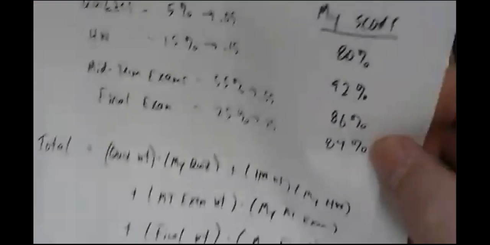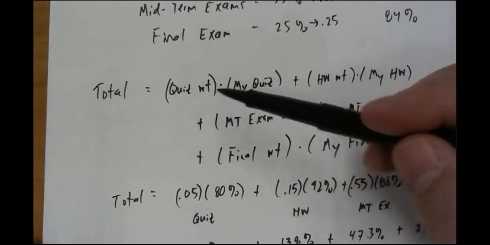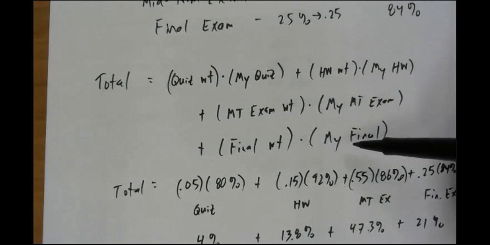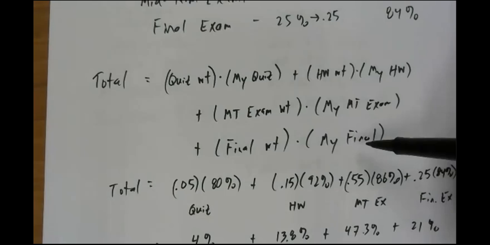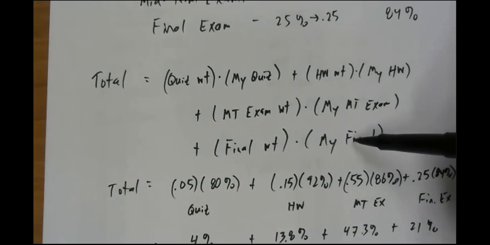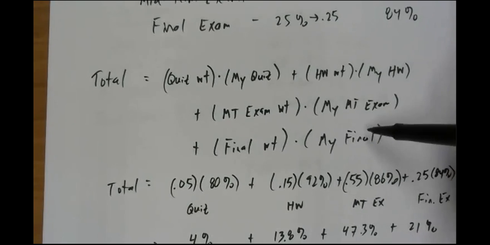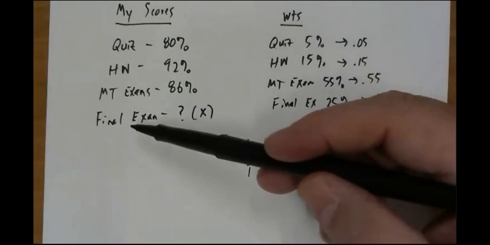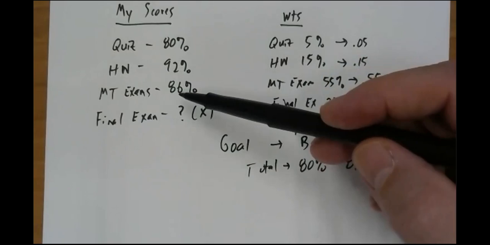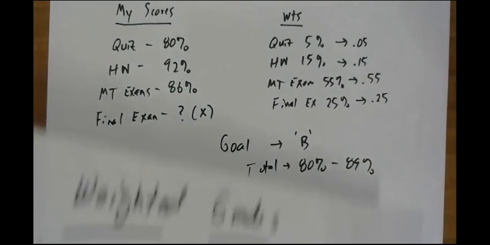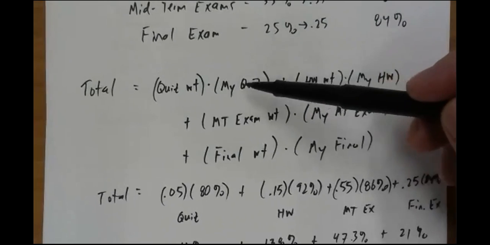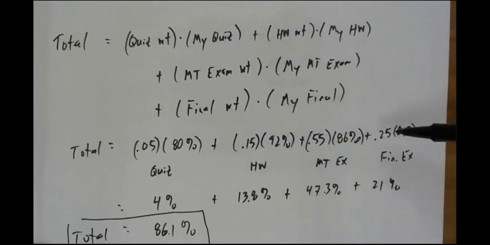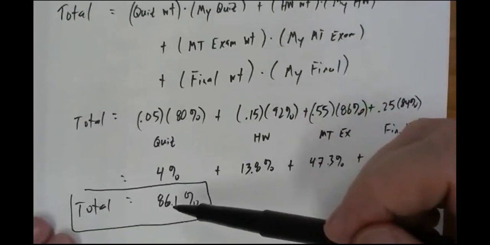Well, I'm going to do this same calculation here. I'm going to plug in all these numbers. The only difference is when I get to my final exam score, because I have not taken the final exam yet, I'm going to put an X in here, because that's what I'm trying to figure out. And the other difference is that a few minutes ago, we had all this information and plugged it in to find our total, 86.1.